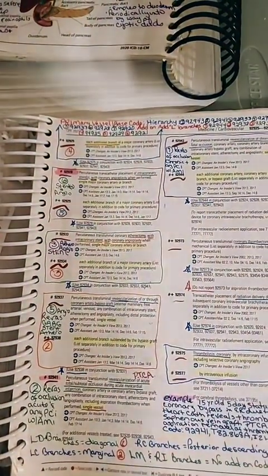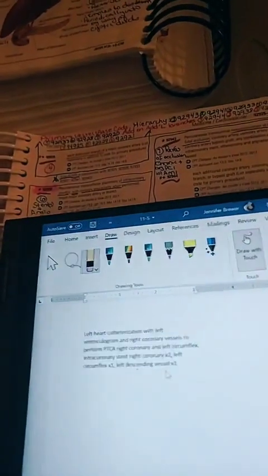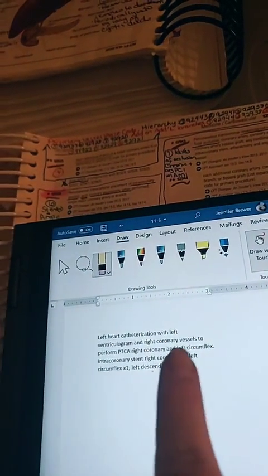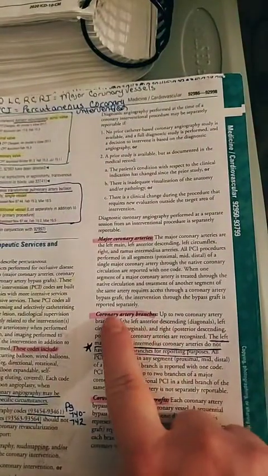anytime you see something that says left heart catheterization, now make sure you're under coronary, because if you look back at that guideline, we are under coronary.